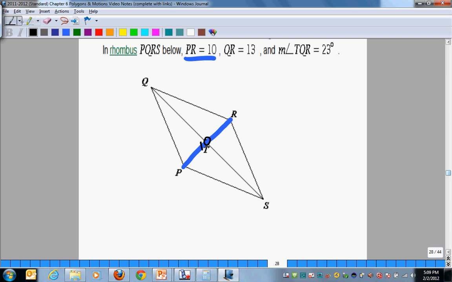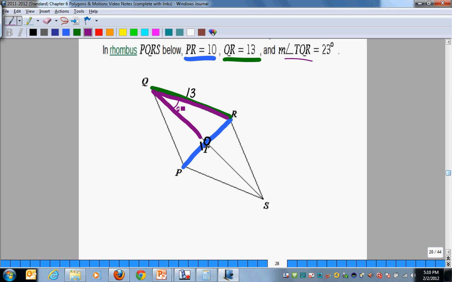We're also told that QR is 13. So this is on the outside. QR is 13. And we know that the angle TQR is 23.